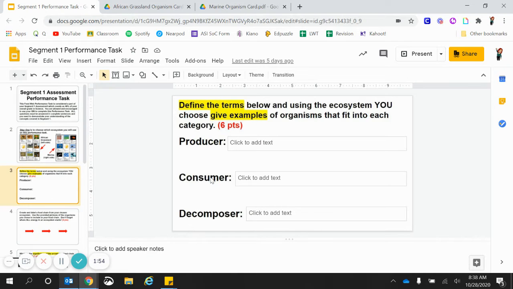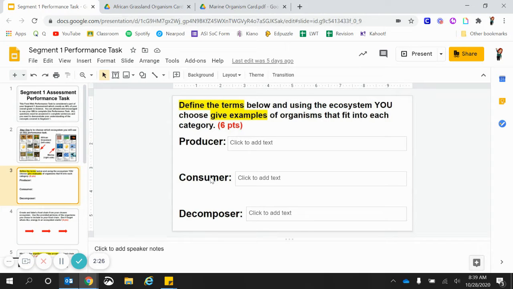A consumer is an organism that has to eat another in order to gain energy. Some of you wrote that it was a primary consumer or secondary, which isn't really the term. As well, I could tell a few of you just Googled what is a consumer, which I applaud you for using Google. You're using your resources in front of you, but that was a definition for what is considered an economic consumer.